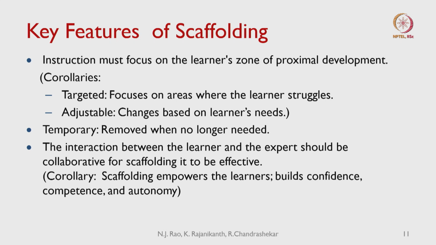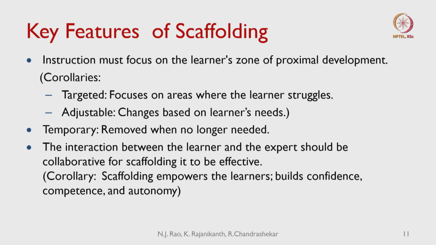The other feature is that it is temporary. It must be removed when no longer needed. Once the learner acquires the intended ability, the scaffolding must be completely withdrawn. The learner becomes autonomous. The interaction between the learner and the expert should be collaborative for scaffolding to be effective.